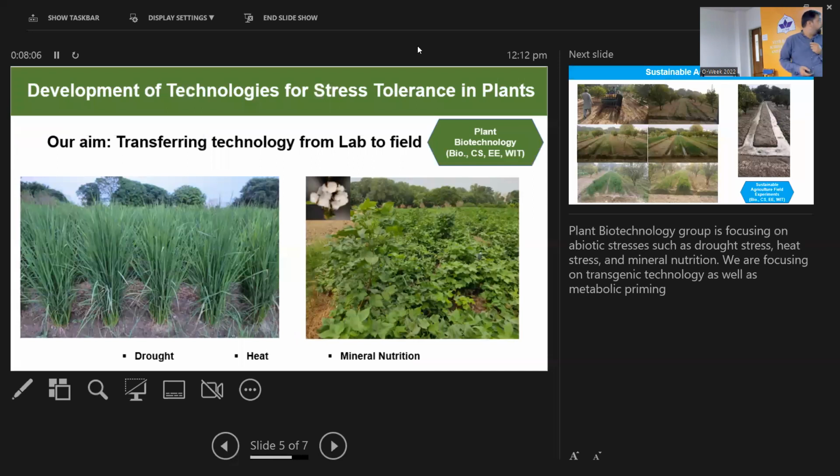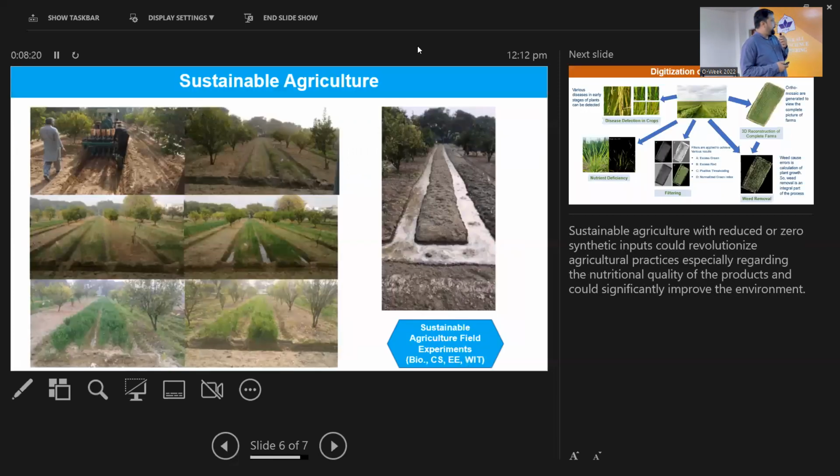So we can do it together. Currently, besides genome editing and genetic transformation, we are also working with CS, EE, the Water Information Center, and Sustainable Agriculture Solutions. There are many solutions, but I repeat, our major challenge is only one: providing food. Thank you very much.